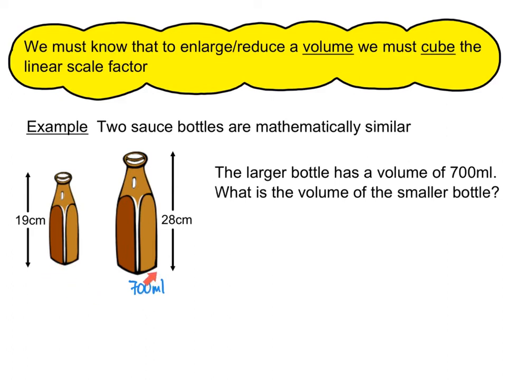So I'm going to need to take the 700 mils here and multiply it by a scale factor for volume. So will I want that scale factor for volume to take that 700 mils for the larger bottle and reduce it or enlarge it? Now, because this is the bigger bottle, 700 mils, I want to reduce that 700 mils to get the volume of here. So this is going to be a reduction question. So I'm going to start off with reduction scale factor.